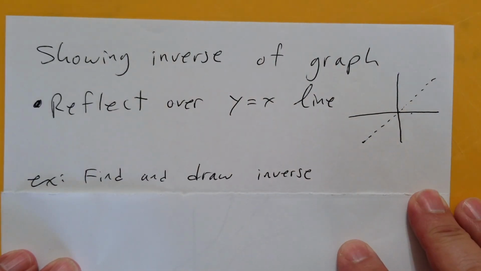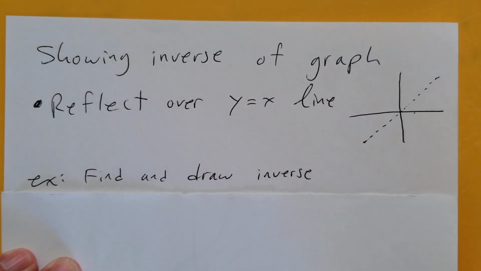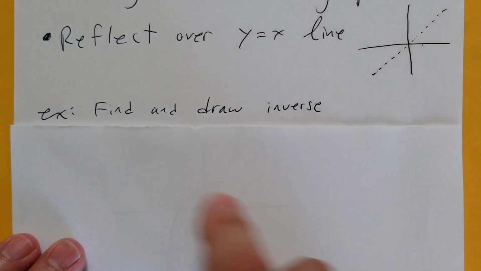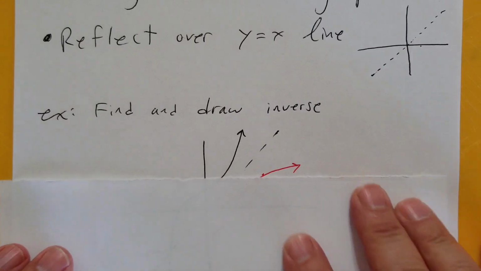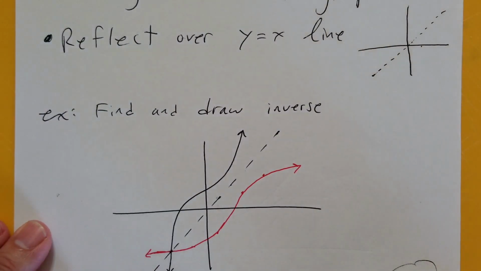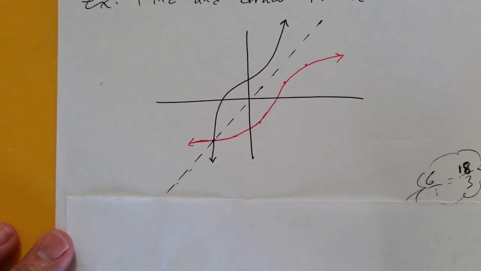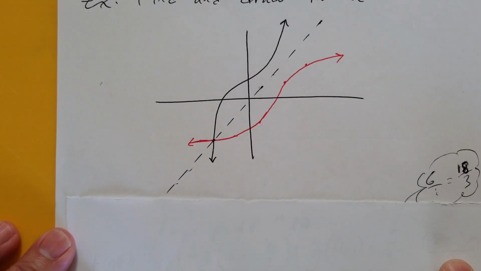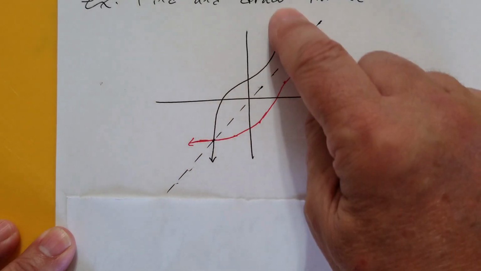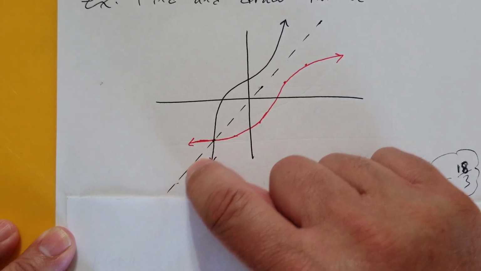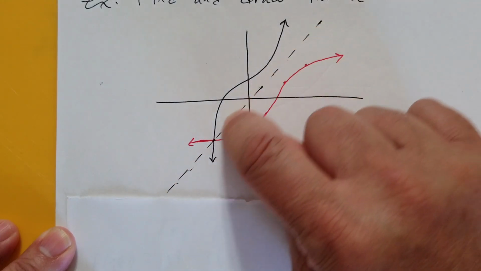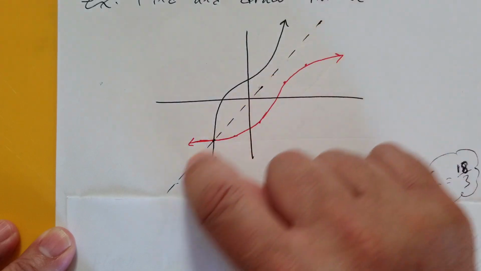So if you're asked to do it with the graph only, you find and draw the inverse by first, this black one was the original. So first, draw the perfect y equals x diagonal line.